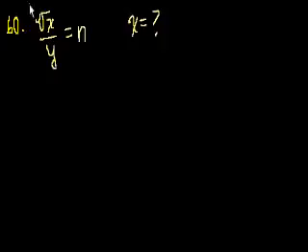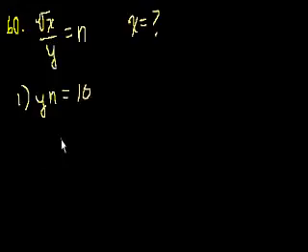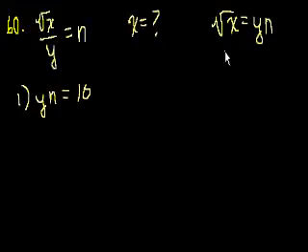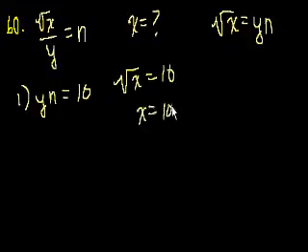So statement number 1, they tell us that yn is equal to 10. Well, this is pretty useful because for the first equation they gave us, we can just multiply both sides by y. We get square root of x is equal to yn. And if yn is equal to 10, then the square root of x is equal to 10, so x is equal to 100.